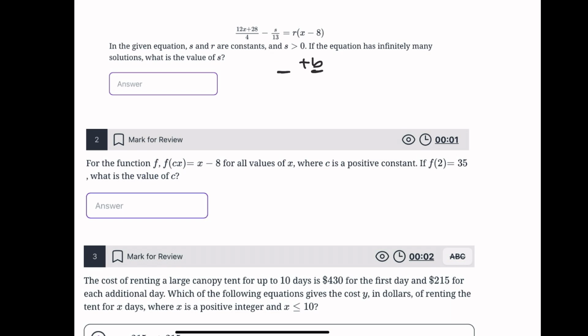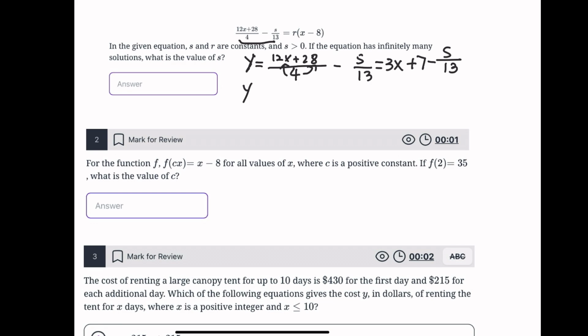So let me do that right here. For the left side, y is equal to 12x plus 28 over 4 minus s over 13. If you divide the 4 for both of these, it's 3x plus 7 minus s over 13.